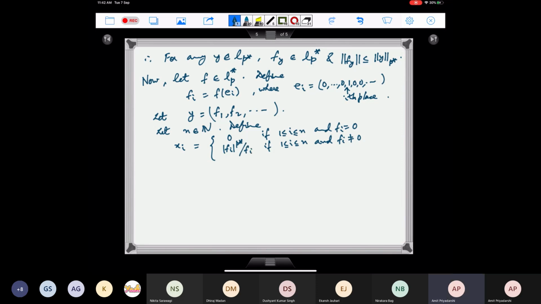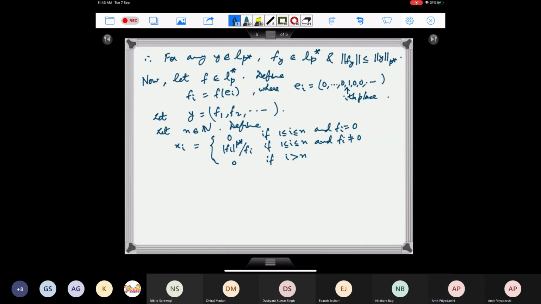So if fi is non-zero, then we define like this, and for i bigger than n, we define this to be equal to 0. So this xi is a sequence where only finitely many terms can be non-zero. So for i bigger than n, it is always 0, and for i between 1 and n, if fi is 0, then we define 0, and if fi is non-zero, then we define it like this.